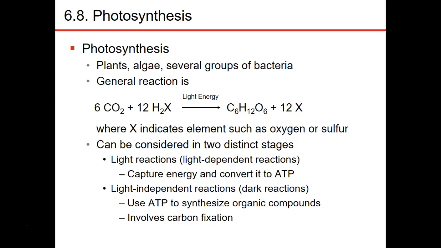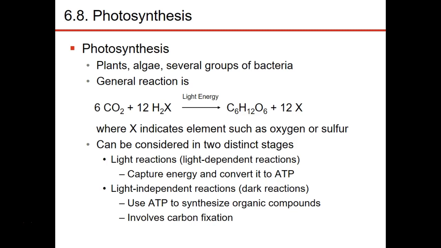That is going to be used as the electron donor and proton donor. And we're going to produce a carbohydrate and some waste product. In this case, it could be sulfur as a waste product, or if it's water that we're looking at, then it'd be oxygen as our waste product, okay?